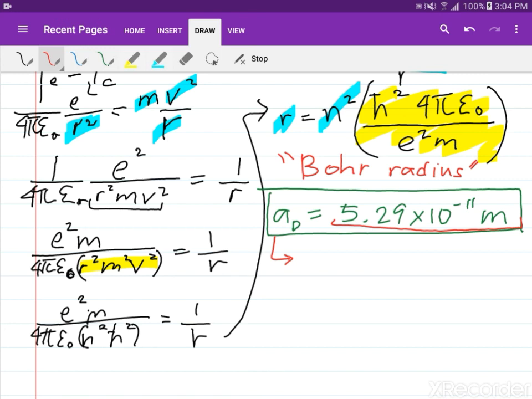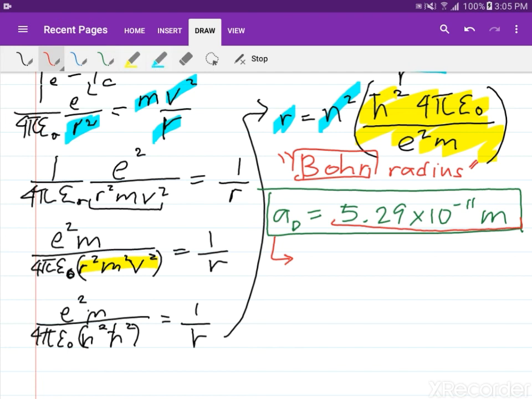Some physicists say this is the most serendipitous result in all of physics, because one has a derivation using a classical approach and the other a quantum mechanical approach. What are the odds that the two would have the same constant? In other words, Bohr was a very lucky person to arrive at this constant.